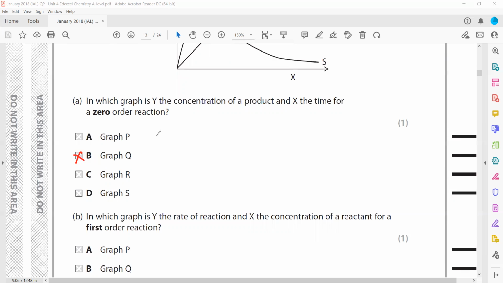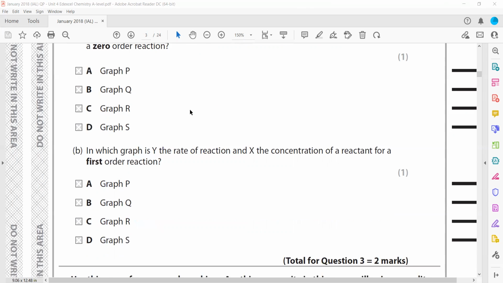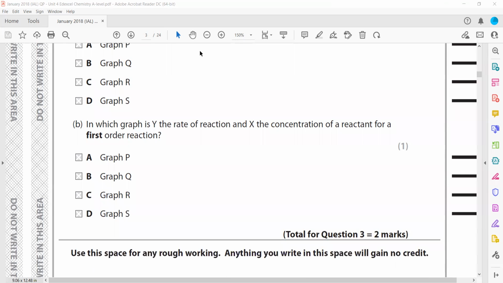In which graph is Y the rate and X the concentration for first order? Again, for a first order reaction, rate and concentration are directly proportional. When two quantities are directly proportional, there should be a straight line passing through the origin. So the rate and concentration graph should be a straight line starting from the origin.